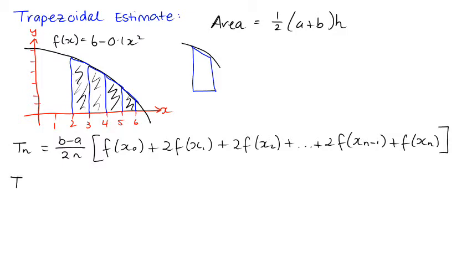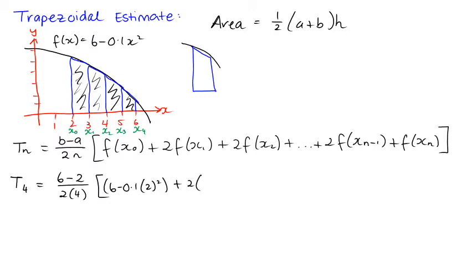So n again is the number of columns. So we've got 4 sections. I'll fill this in as well. So this is x0, x1, 2, 3, and 4. So B is 6, A is 2, 2 times 4. F of x0 is 6 minus 0.1, 2 squared.